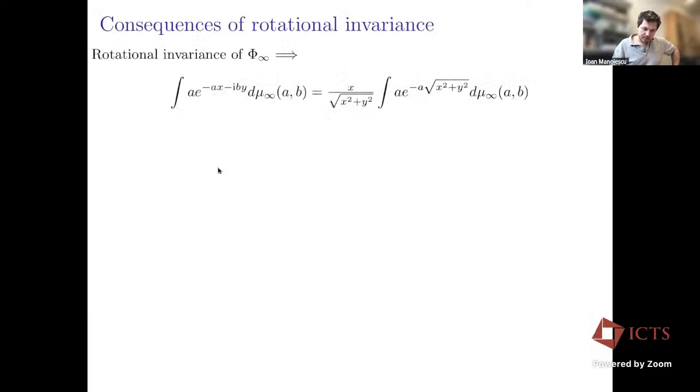And I'm going to finish by saying that I've written here basically an instance of this, the fact that you have a rotational invariance.